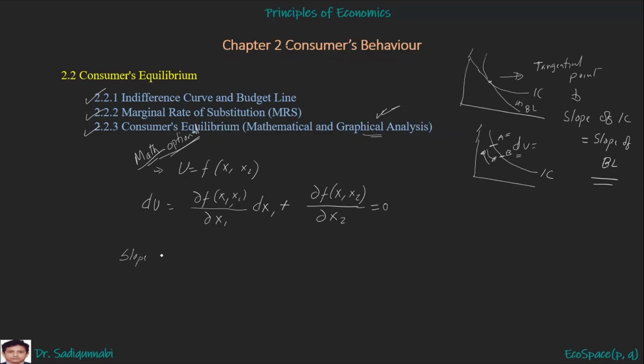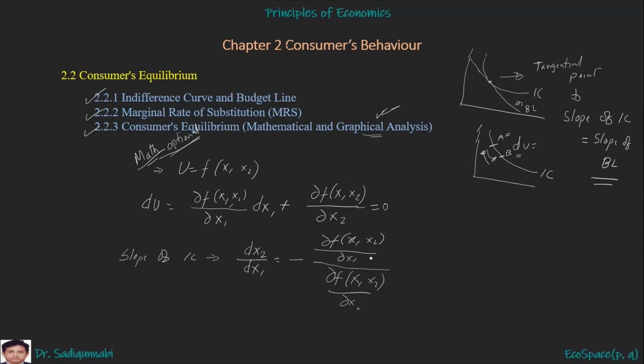So when this is 0, then we can find the slope of IC here. So what is the slope of IC? Just rearrange this, and your slope of IC is dx2 divided by dx1 equals minus del function of x1 x2 divided by del x1, whole divided by del function of x1 x2 divided by del x2.